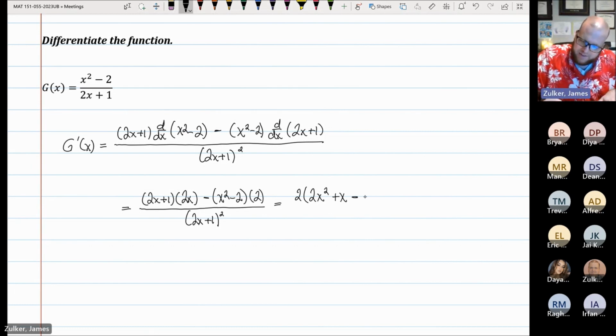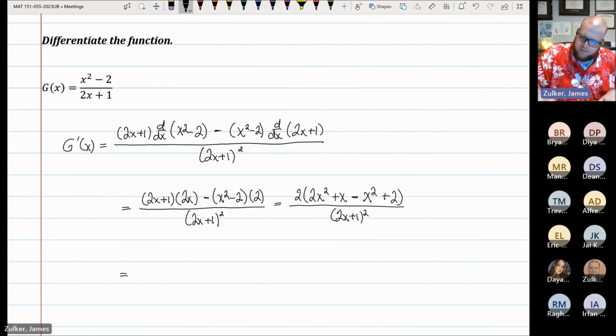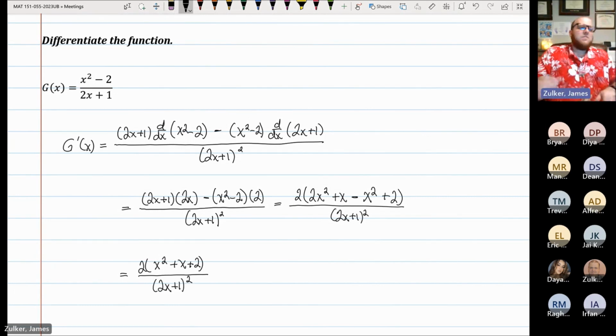And then just going to be minus x squared plus 2. Right, 2 times x squared plus x plus 2 over 2x plus 1 quantity squared.